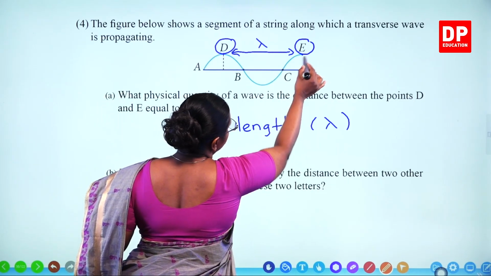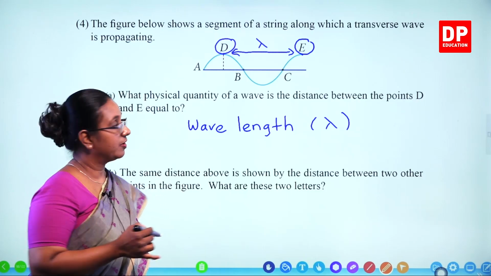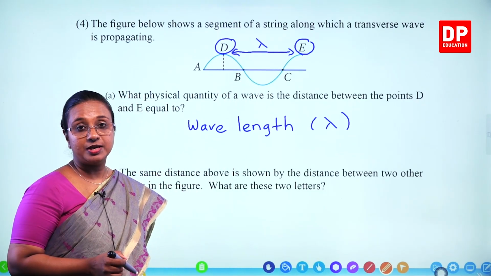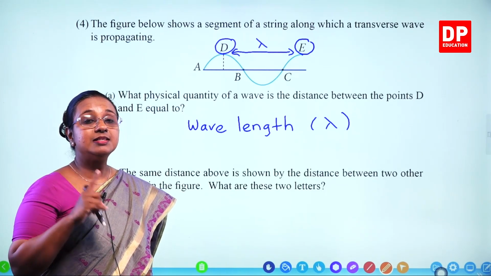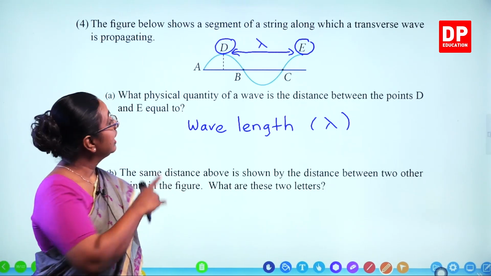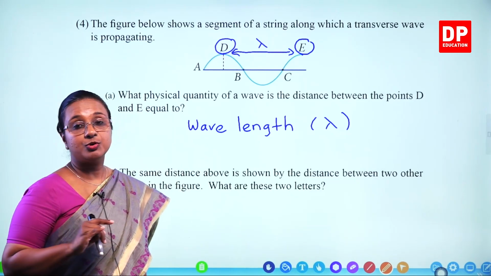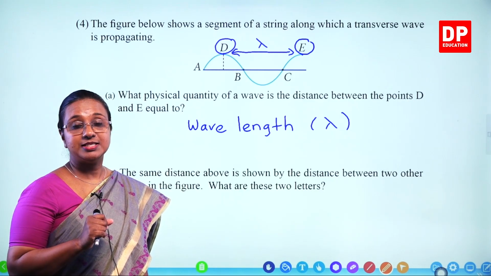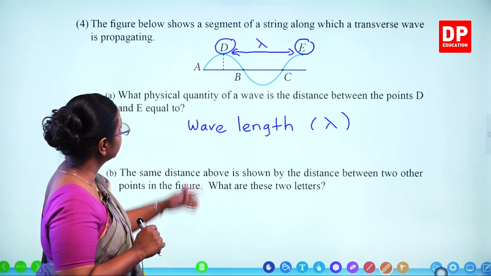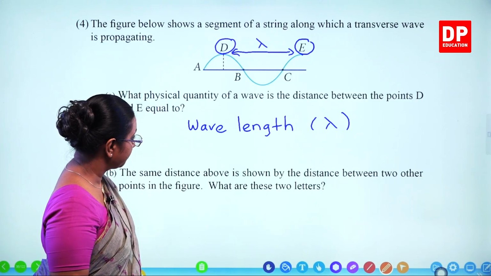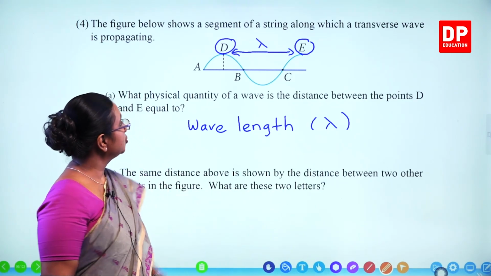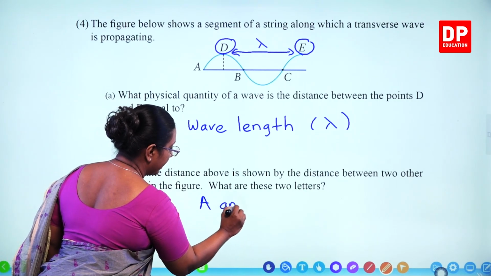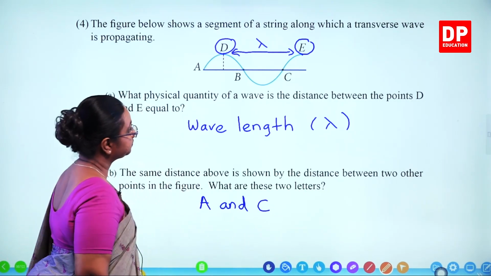From point C also particles are moving upwards. But from point B particles are moving downwards. So, for A and B, the state of motion is different. For A and C, the state of motion is the same. So, therefore, the distance between points A and C is also equal to wavelength lambda. So, what are these two letters? You have to write A and C.